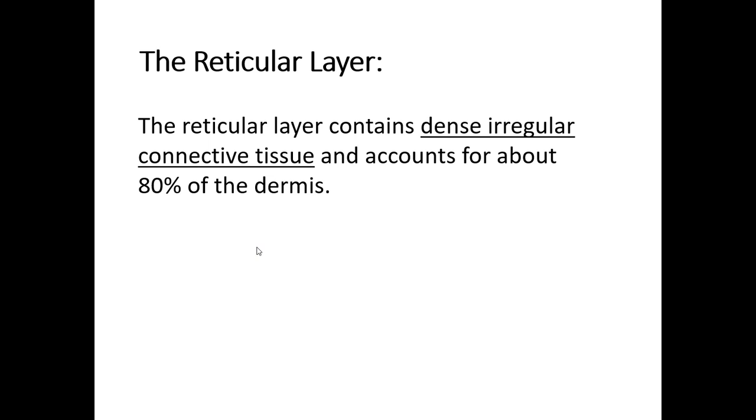Okay, some more characteristics about the reticular layer. As I mentioned, it accounts for 80% of the dermis. The reticular layer is denser than the papillary dermis, and it strengthens the skin by providing structure and elasticity. It also supports other components of the skin, such as hair follicles, sweat glands, and sebaceous glands.